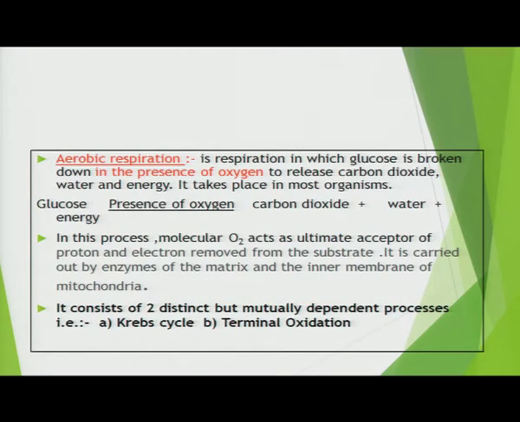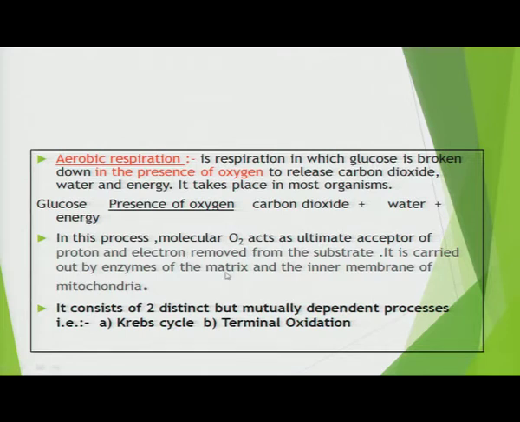Now, before we go to the Krebs cycle: it takes place in aerobic respiration, where the glucose molecule is broken down in the presence of oxygen, which I have already discussed, and the products are carbon dioxide, water and energy.